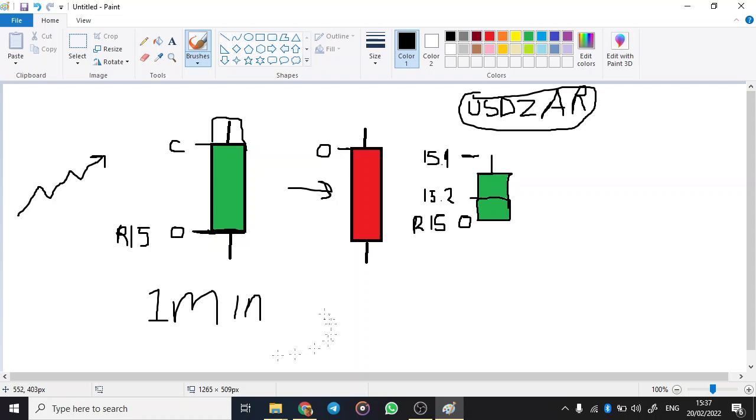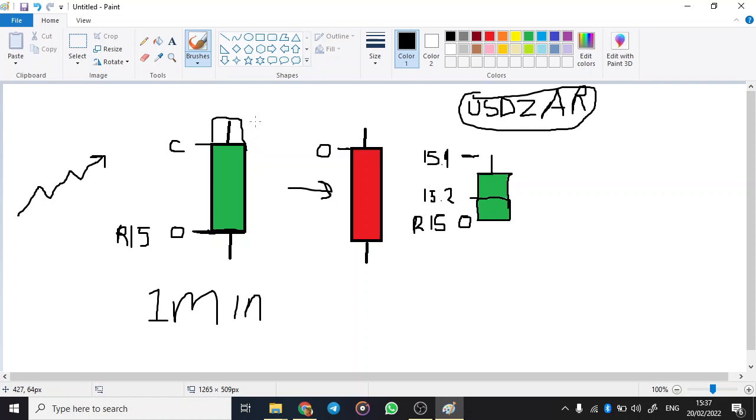So on the first minute, we had the South African rand losing value while the dollar appreciated. That's why we had a candlestick that opened at this low price, went up, further up, and came back down here and closed.